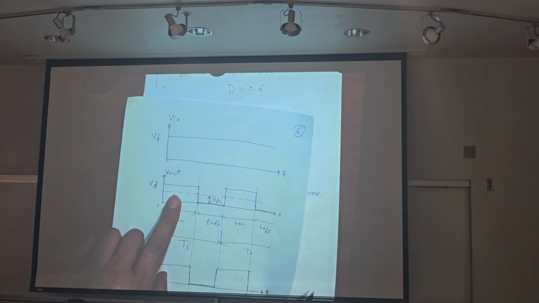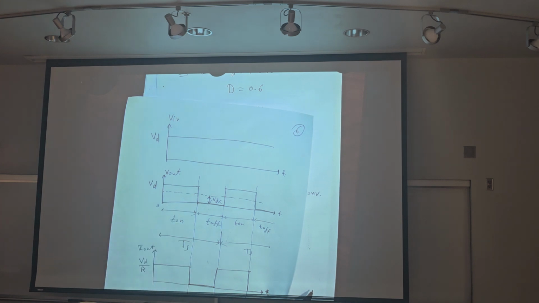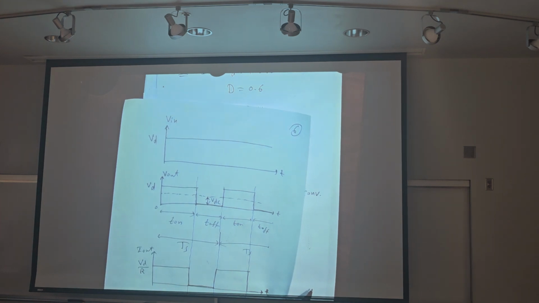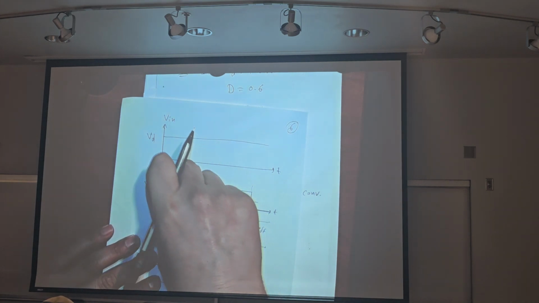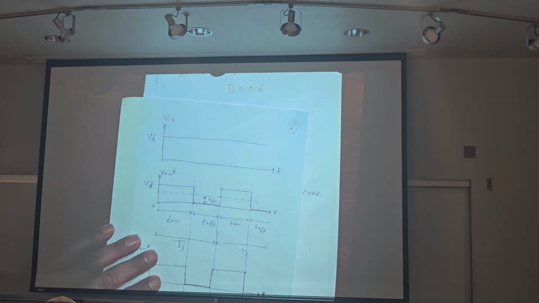Because this is a square or rectangular waveform, we can directly take the amplitude squared times the width.